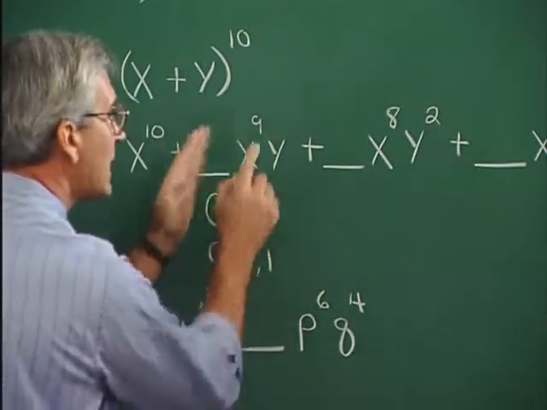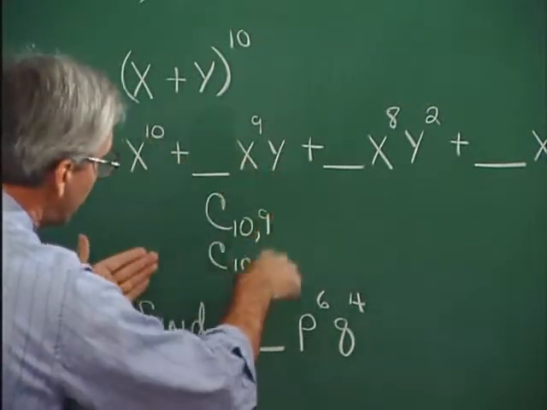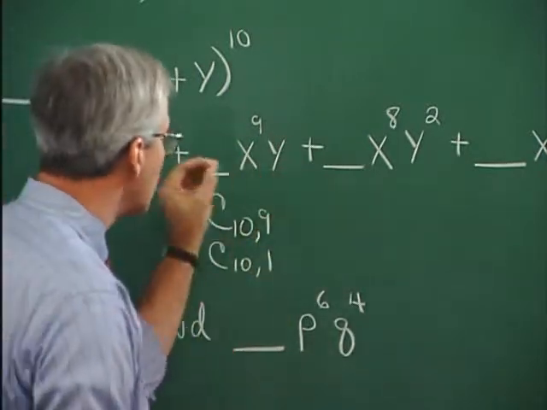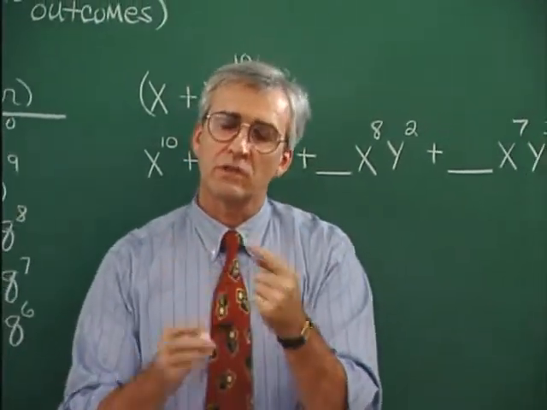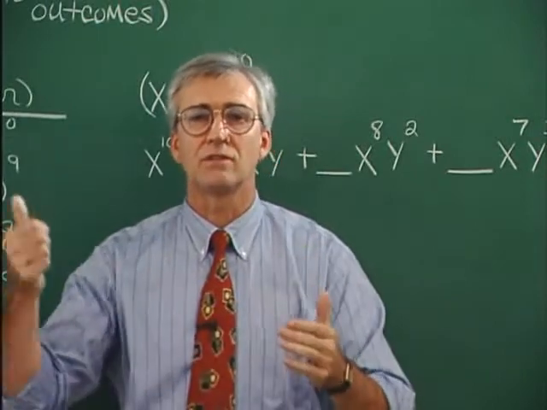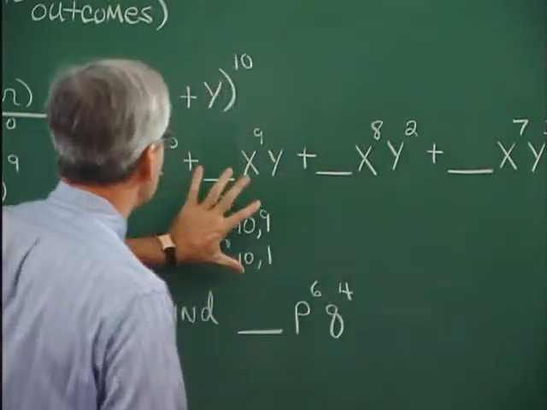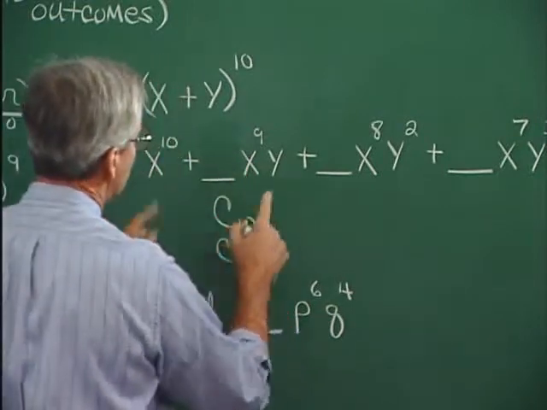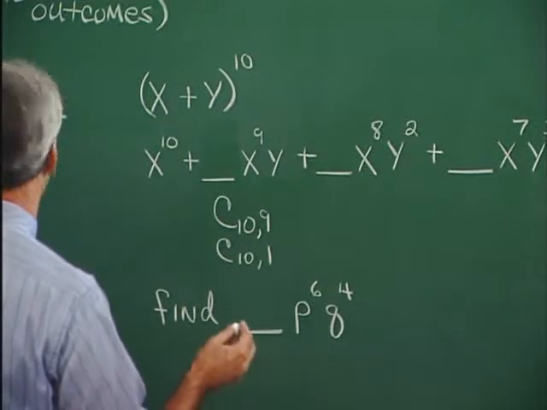You could target either one of the variables, the exponent on either one of the variables, to figure your combination. And we're going to target a particular variable in what we're doing too, because this combination idea applies the same way over here. It doesn't matter which one I use, but I'm going to choose one.